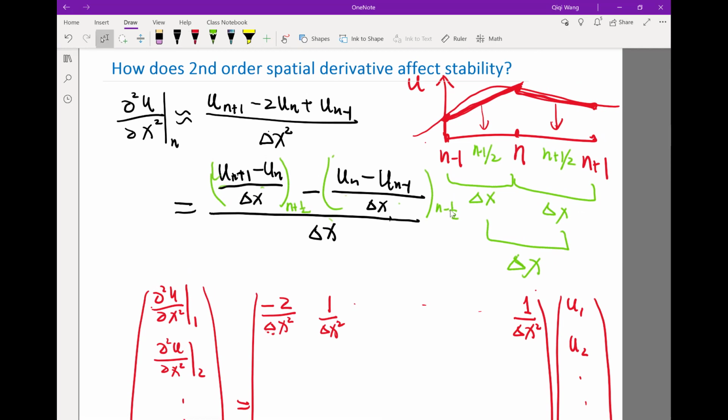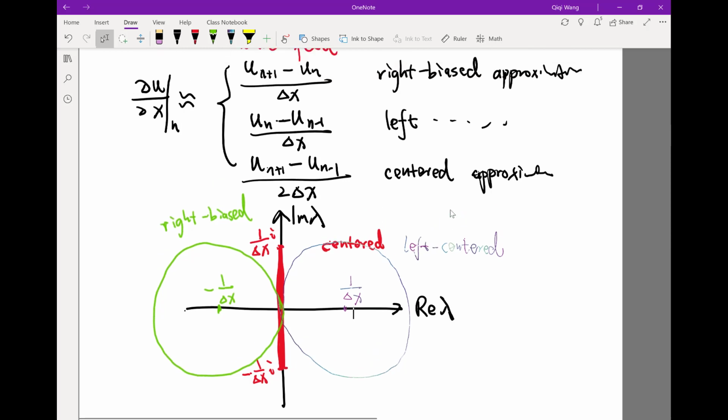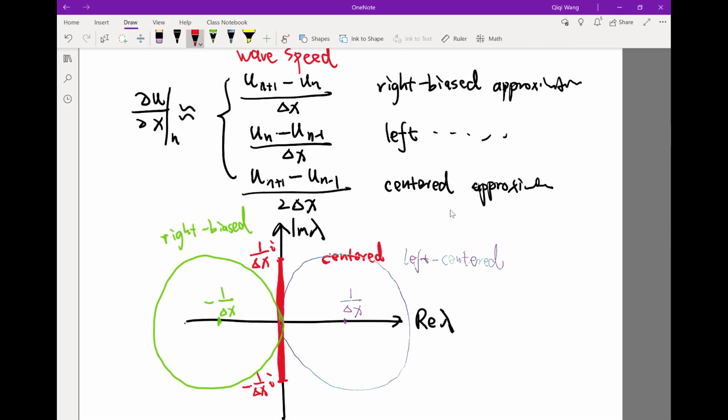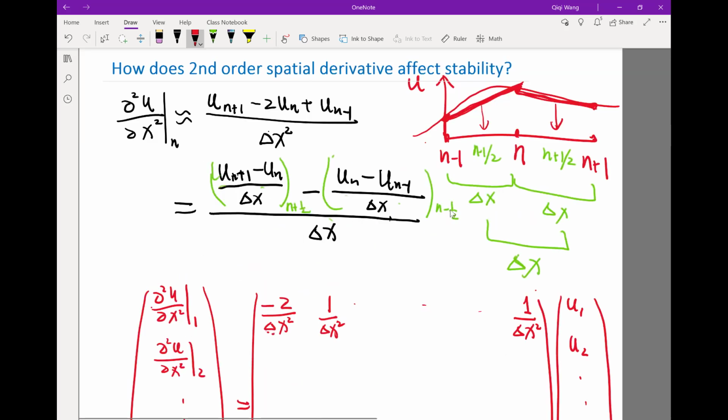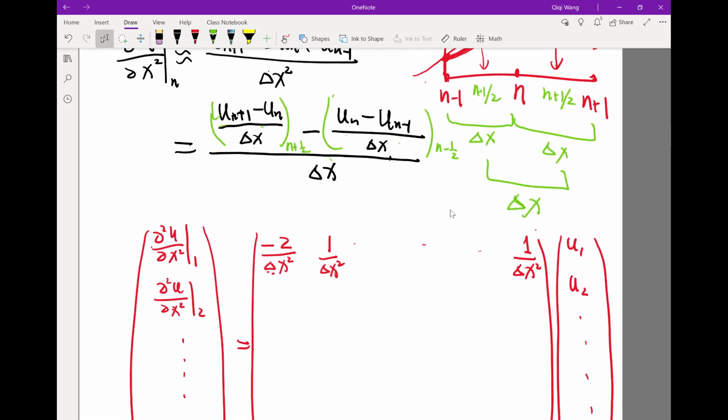You remember when we solved for the eigenvalues of the first order derivative matrices, everything is scaled by delta x. For example, the circles are centered at -1 over delta x, and the extent of the central difference scheme is 1 over delta x times i. So here, everything is divided by delta x squared. Let's take a look later to see whether the eigenvalues are now scaled by delta x squared.